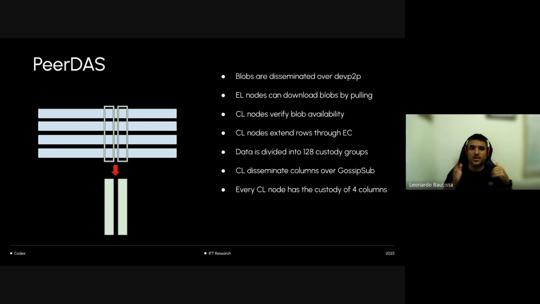But the problem with doing that is that the node that sends you the column or the row with hop equal to 0 is known to be the block builder and the block proposer. That makes it very easy to identify which validator is in which physical node, which is dangerous because then there is no anonymity in the network anymore.